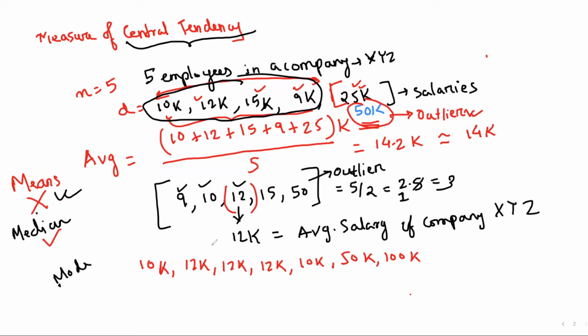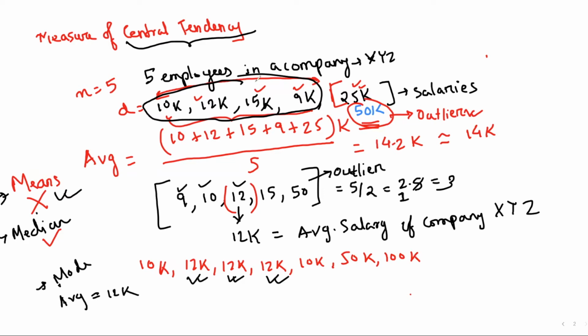Mode will help us because you see, we are having multiple times the same observations. So here we'll say, okay, the average salary is again 12K. So you see how important these three topics are: mean, median, and mode, right?